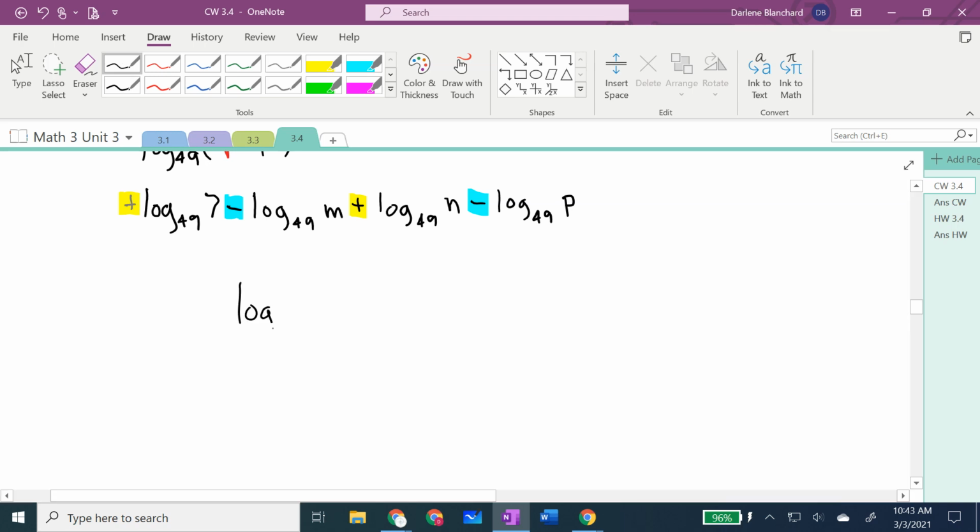So a quick way to condense, if you see that, is we've got for the positives a 7 and an n, and they multiply to make the numerator of the condensed logarithm. And then for my subtraction, I have m and p.